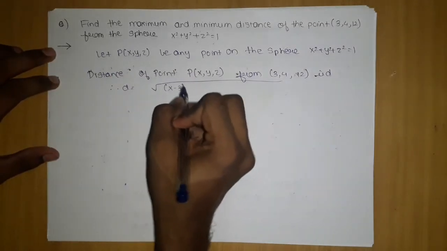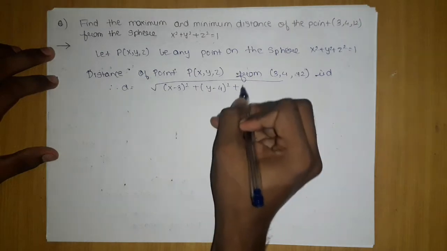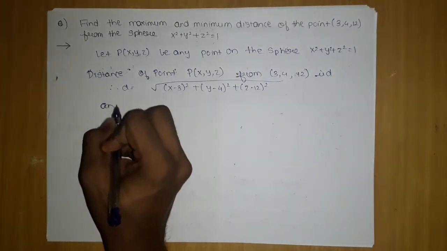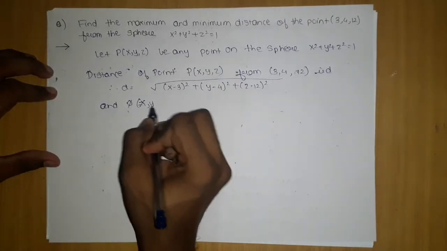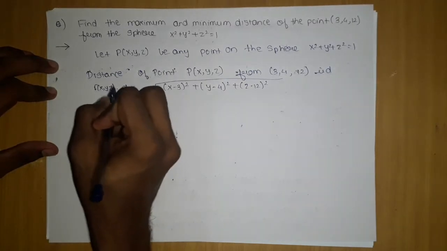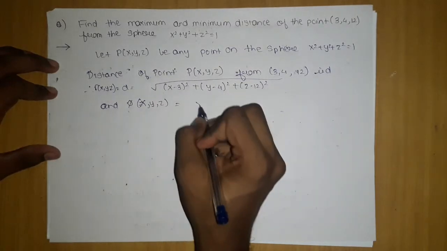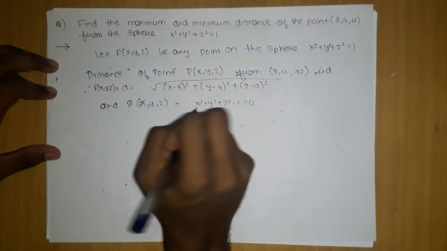It will be x minus 3 the whole square, plus y minus 4 the whole square, and z minus 12 the whole square. You can say f of x comma y comma z is equals to d equals to this thing, and phi equals to this, which is x square plus y square plus z square minus 1 equal to 0.